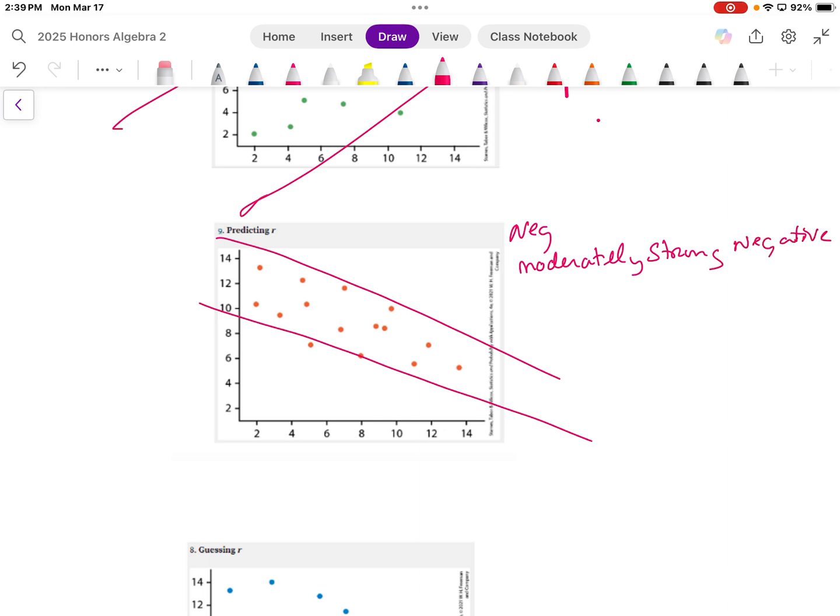Not many of the adjectives can be paired up together, but moderately strong usually gets paired together. We wouldn't say moderately weak. We would say weak. We would say moderate. But moderately strong lets us know we're on that teeter-totter. I would say this is probably an R value of somewhere around 0.7.